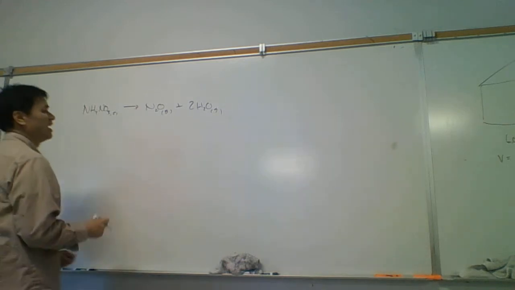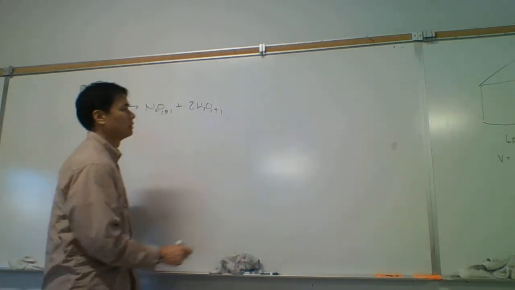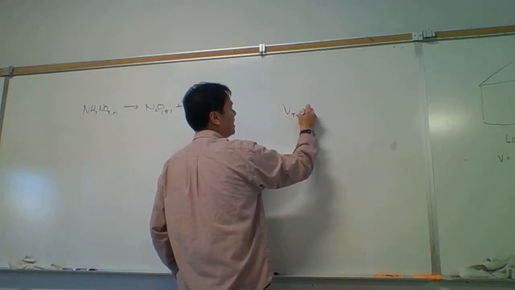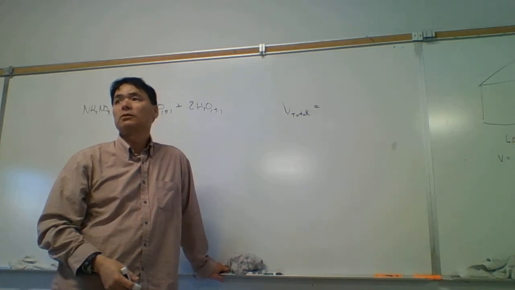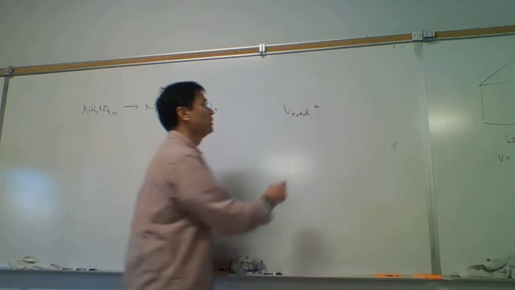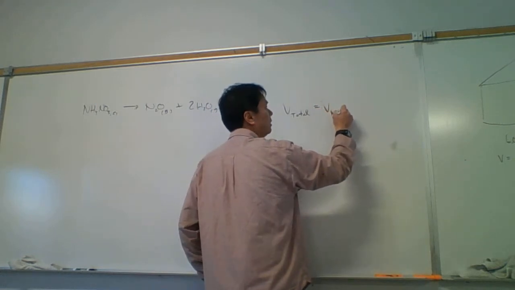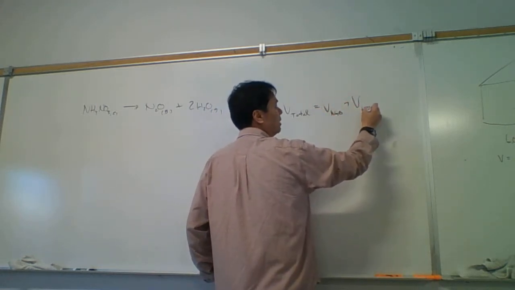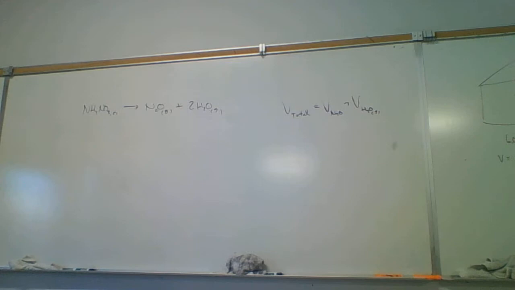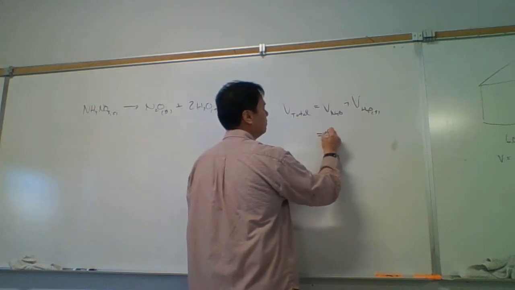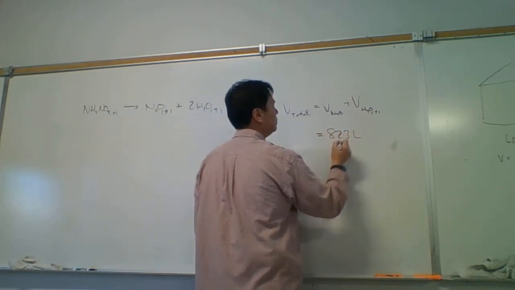What we have is this: the total volume of gas. The total volume of gas is going to equal the volume of nitrous oxide that's produced plus the volume of the H2O steam, the gas water that's produced. And the total volume is 82.3 liters.